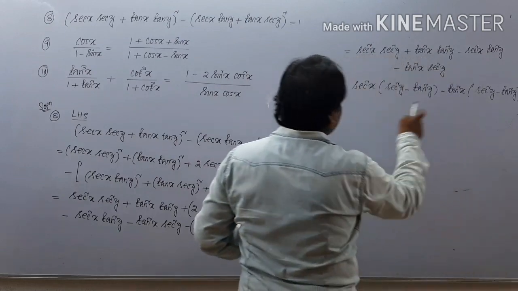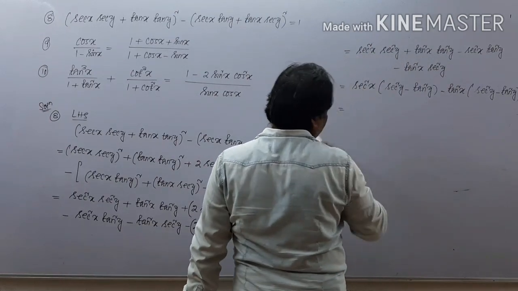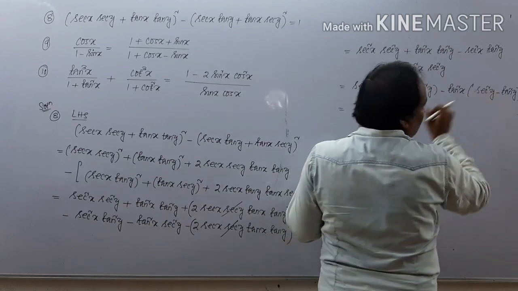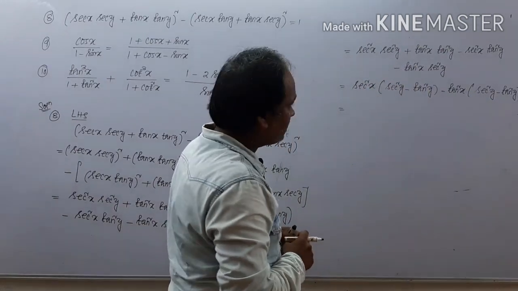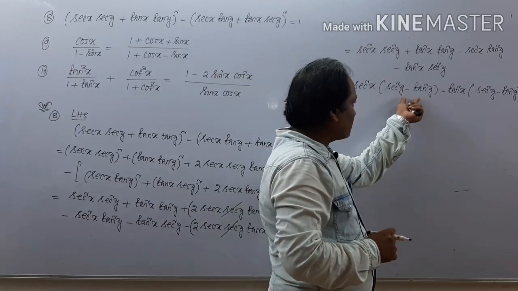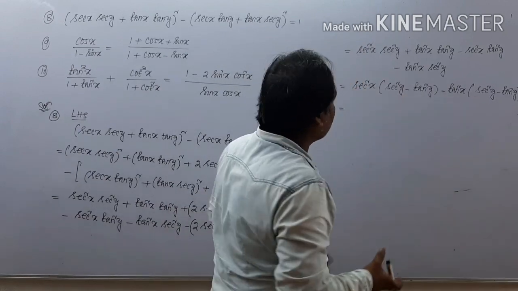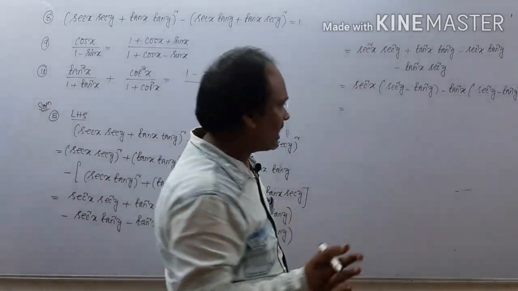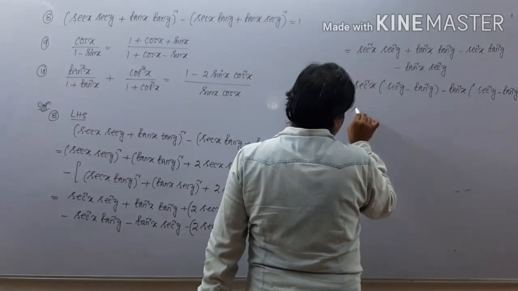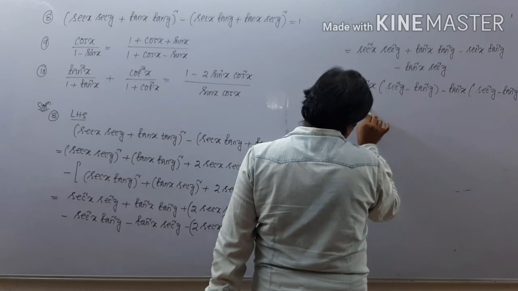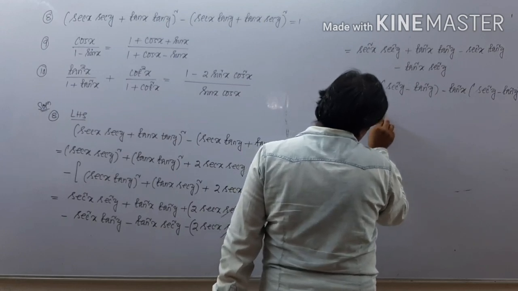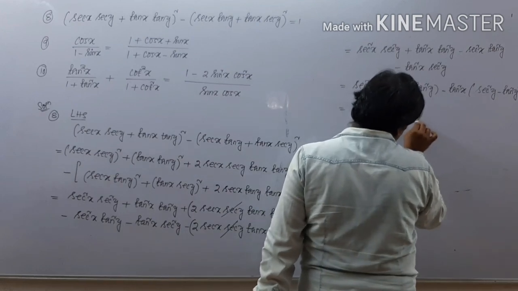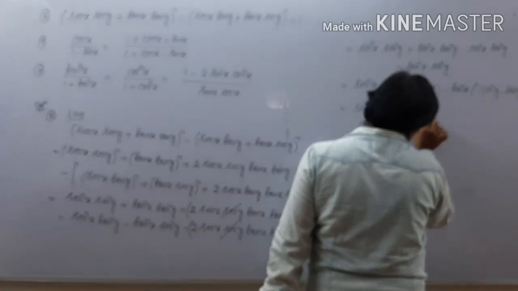So in this particular term, see here again, this particular term and this particular term is common. In both the terms, this one and this one is common. Otherwise you can apply the formula sec square theta minus tan square theta is equal to 1. Directly you will put, right? This is sec square x multiplied to 1 minus tan square x multiplied to 1.